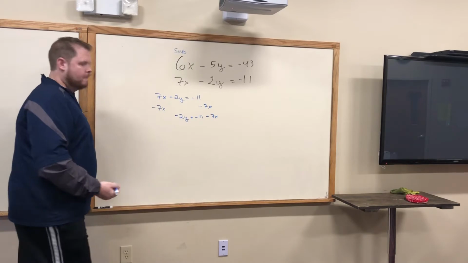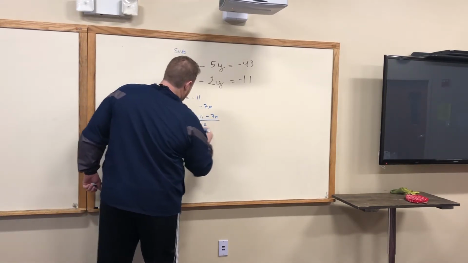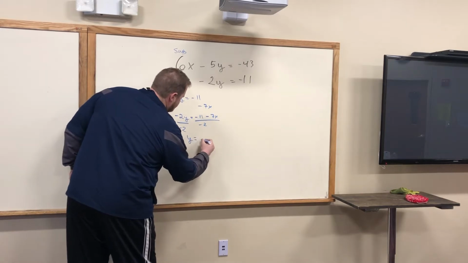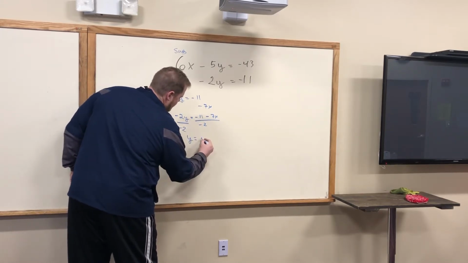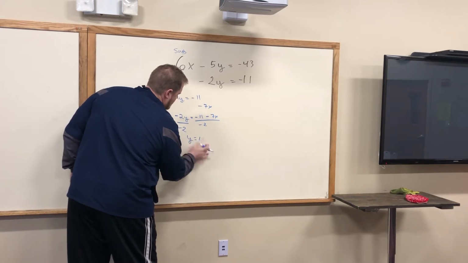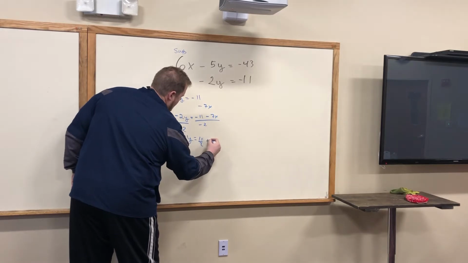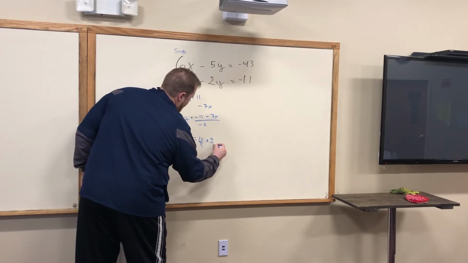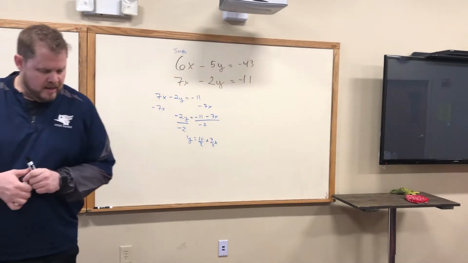Now divide through by negative 2. When I do that, I'm left with y equals 11 over 2 plus 7 over 2 x. That's what you're left with when you solve it. Any questions there?